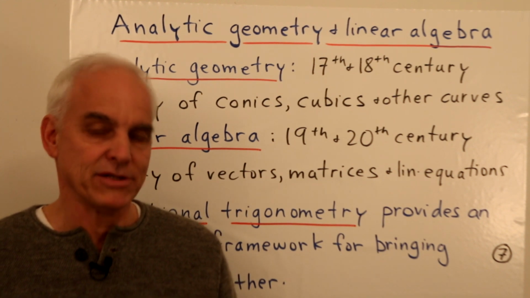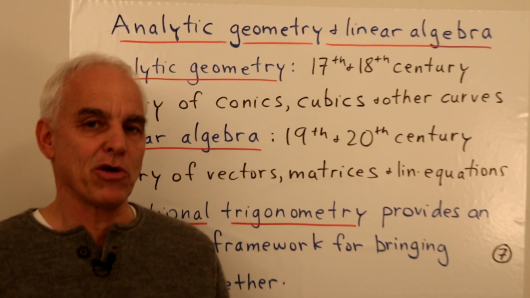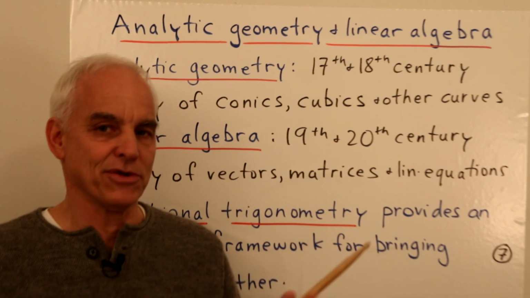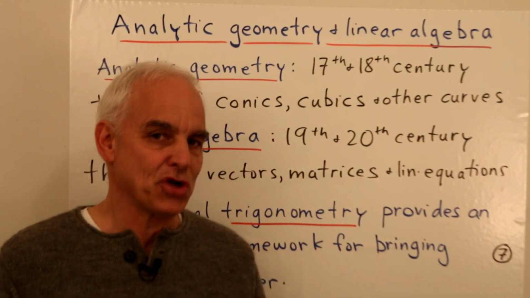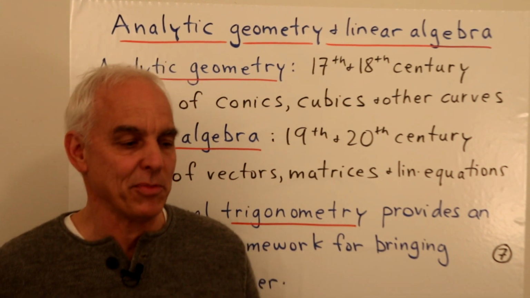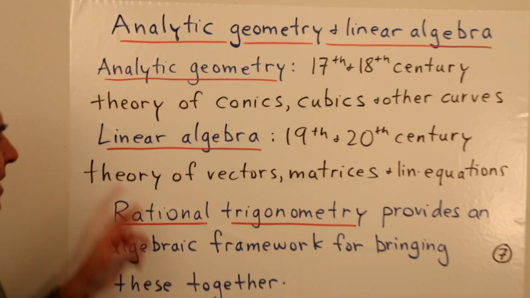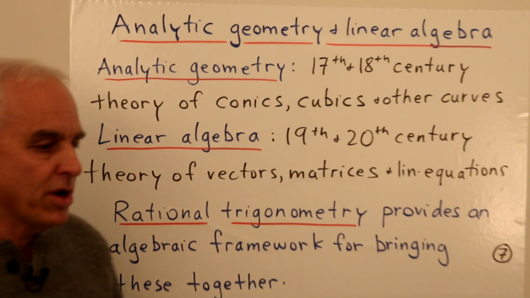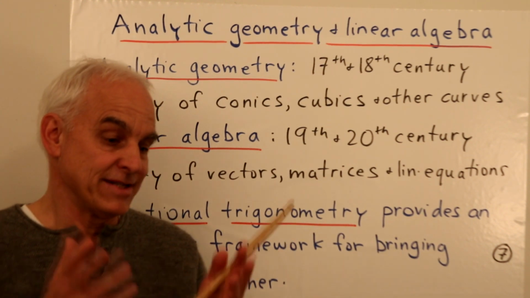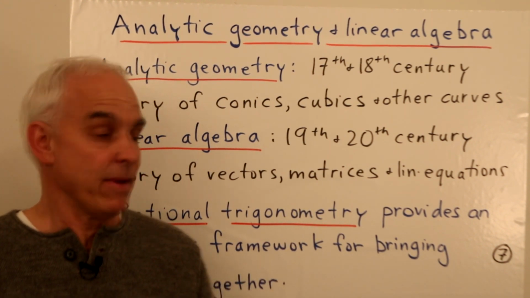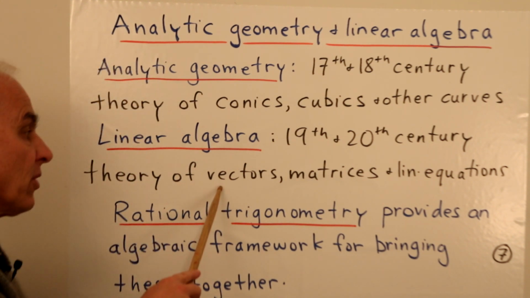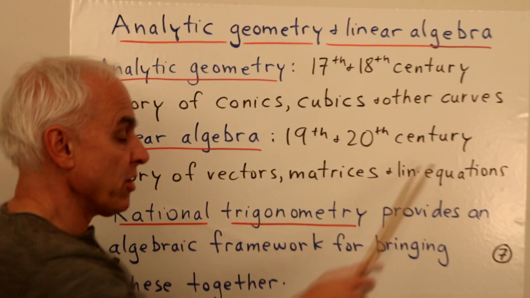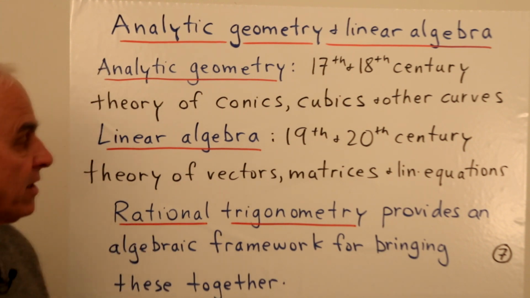Very pleasant, almost remarkable discipline with hundreds of interesting facts, a lot of which are forgotten a little bit these days. And then linear algebra, the great 19th and 20th century theory, which is really a centerpiece of 20th century mathematics, involving vectors and matrices and systems of linear equations, and then other more sophisticated things.